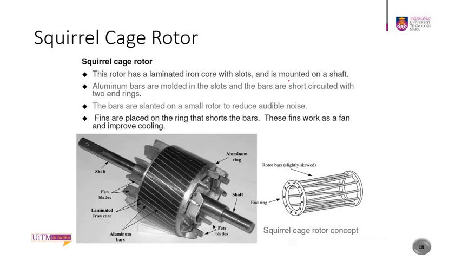So this rotor has a laminated iron core with slots and mounted on a shaft, and the aluminum bars are molded in the slots, and the bars are short circuit with two end rings. So the bars are slanted on a small rotor to reduce noises. And the fins are placed on the rings that short the bar, and this works as a cooling system.